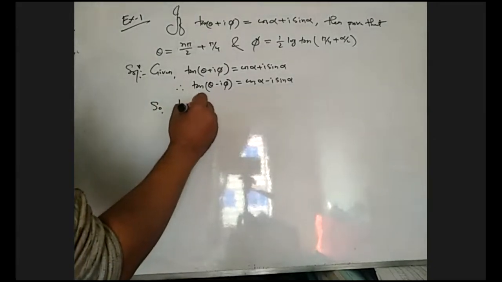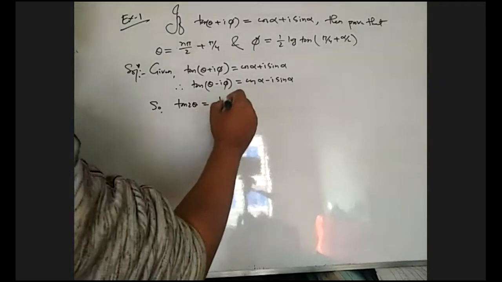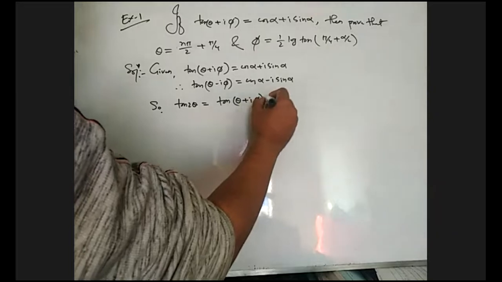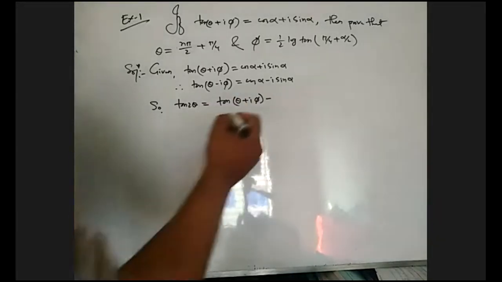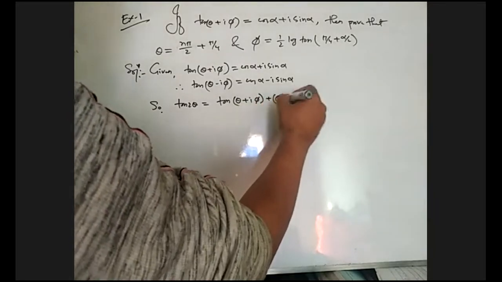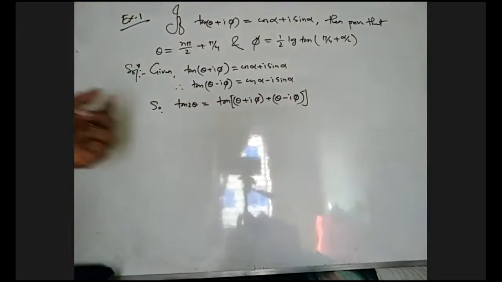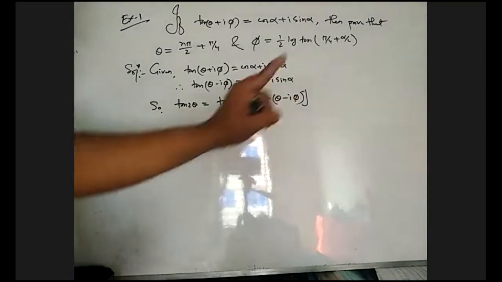So tan twice theta can be written as tan of theta plus i psi plus theta minus i psi. Can you write? Tan twice theta equals theta plus i psi plus theta minus i psi.